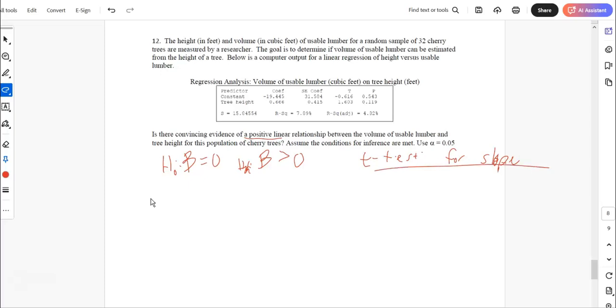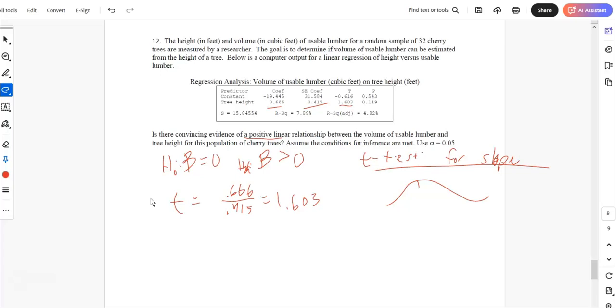And so then we're going to find out what t is. T is, if you want to show off, 0.666 over 0.415. That's those two numbers divided. But we really know that's going to be 1.603.